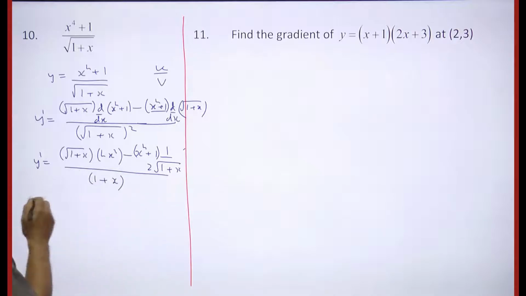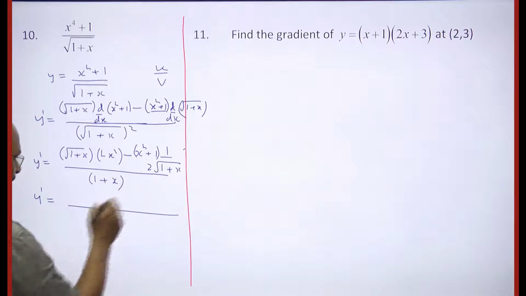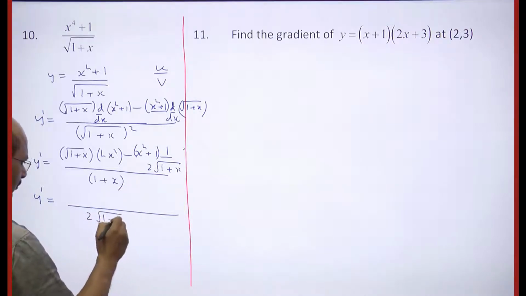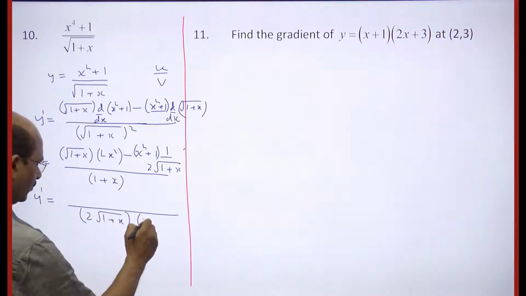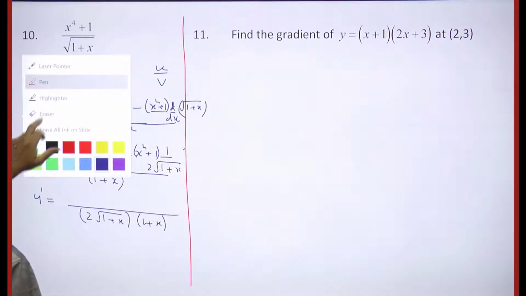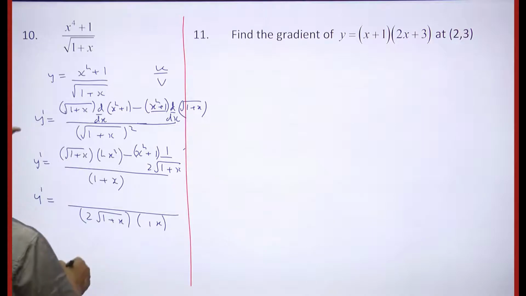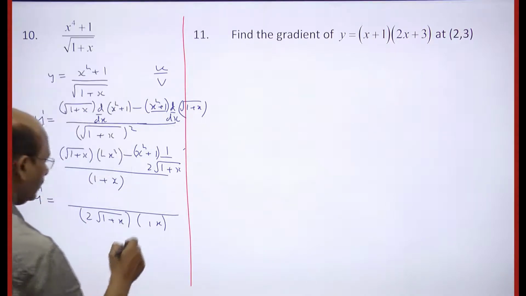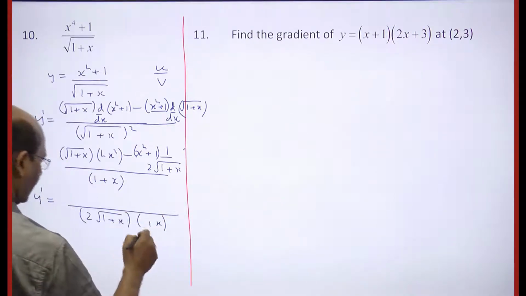So, if I find the LCM of the numerator, that LCM will go to the denominator. Is 1 plus x, do not forget it. It is 1 plus x.